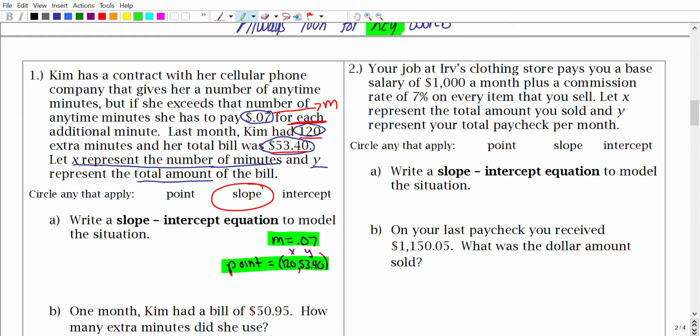Now, we want a slope-intercept equation, so first we're going to have to write a point-slope equation, then we can go to slope-intercept. So let's go ahead and write our point-slope equation, which would be y minus 53.40 equals 0.07 times (x minus 120).